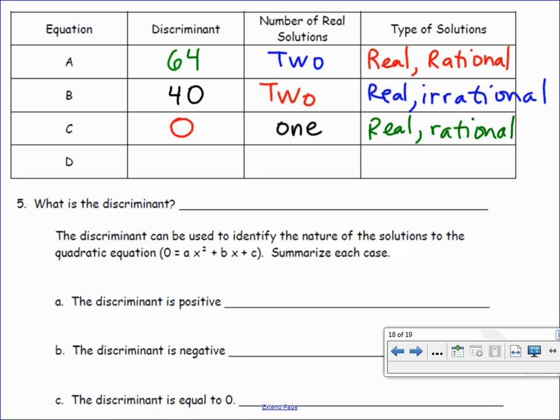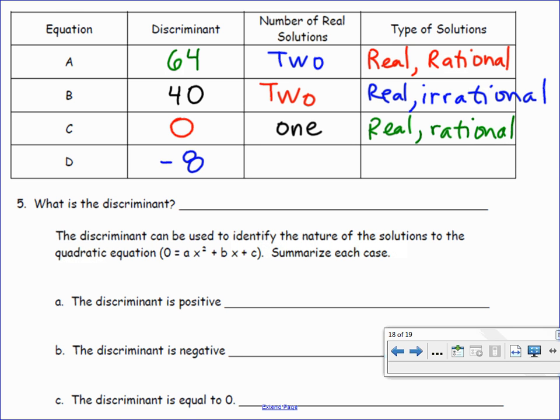And now for the big excitement, letter D. What did you get for the value of your discriminant in letter D? -8, absolutely. When we had -8 as our discriminant, when we simplified our radical all the way, we ended up getting i in our final answer, an indication that we had non-real solutions.